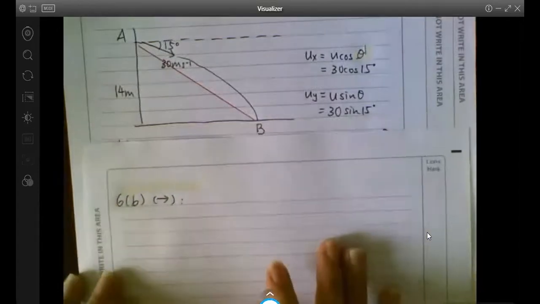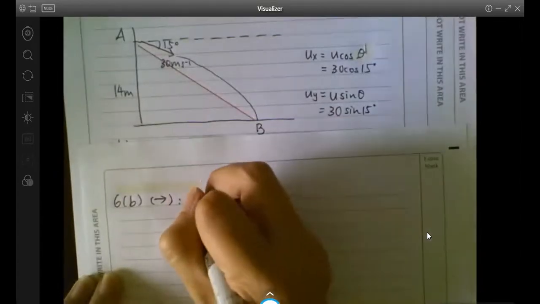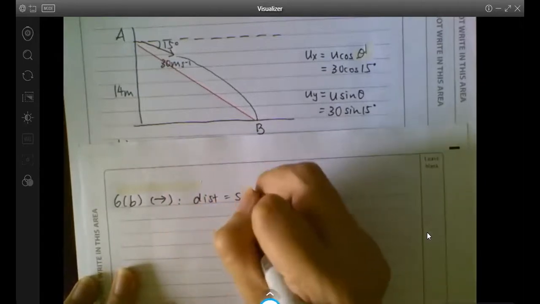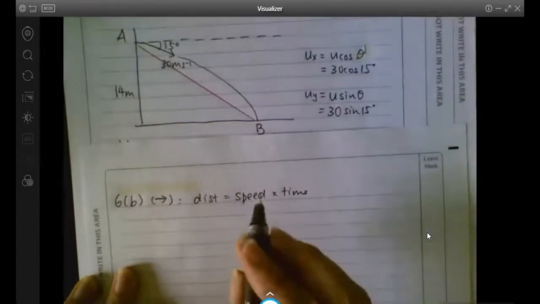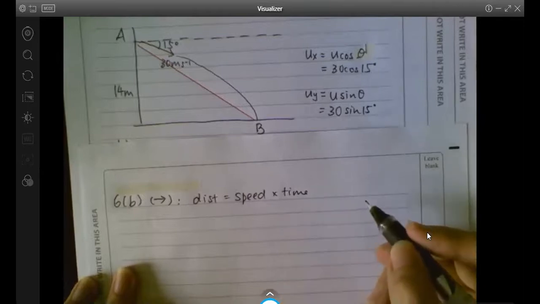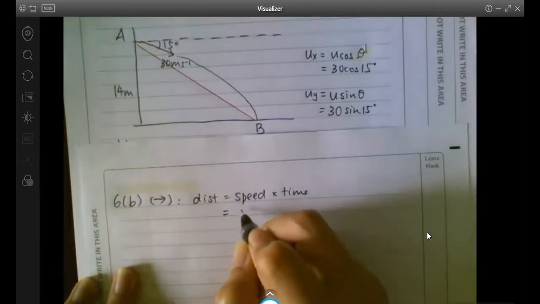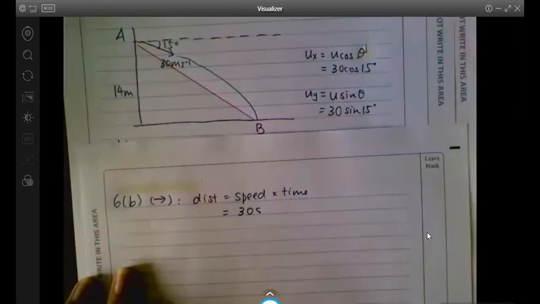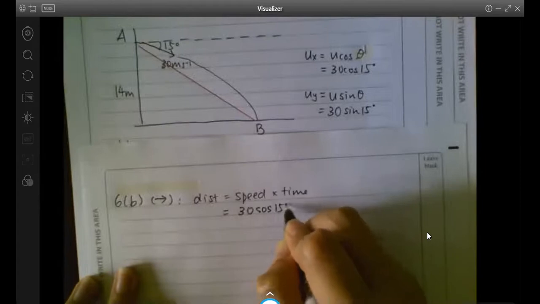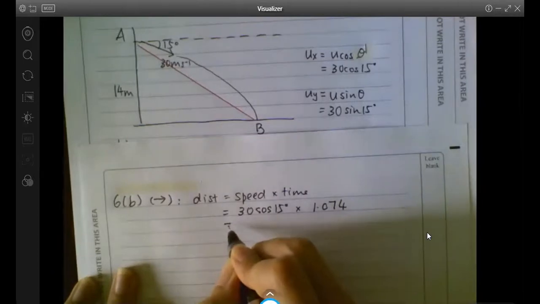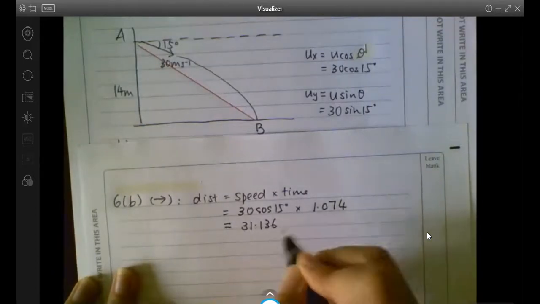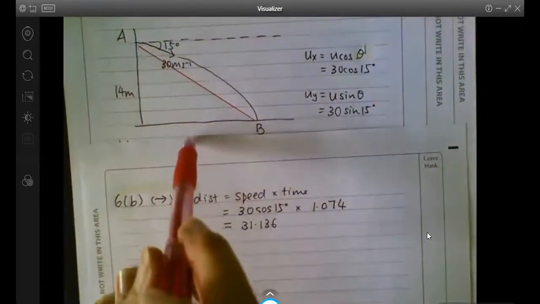If I want to find horizontal distance, I can do distance equals speed times time again. The time we have gotten from the previous part, 1.07, you should use the exact form in your calculator. So 30 cos 15 degrees times 1.074 something something something, should get 31.136 something. Okay, this is this distance here.